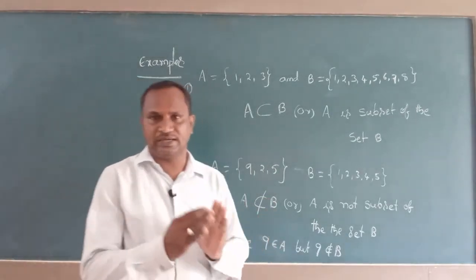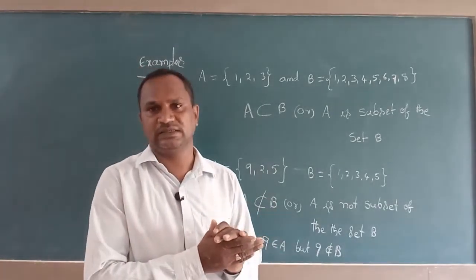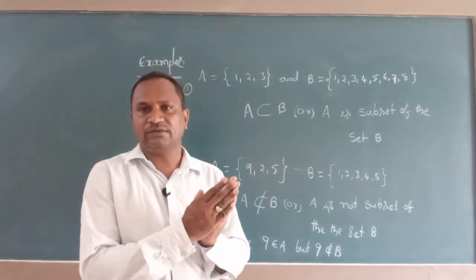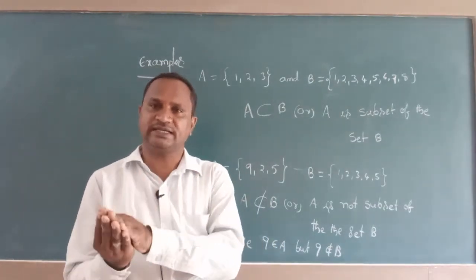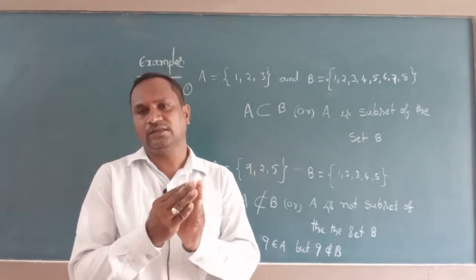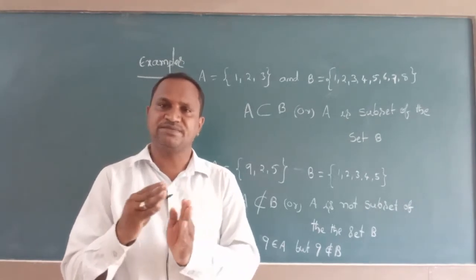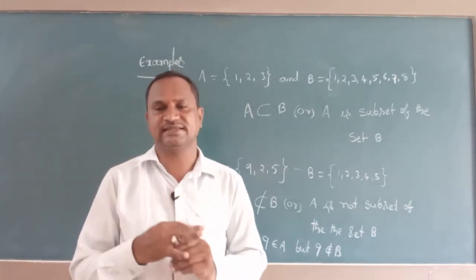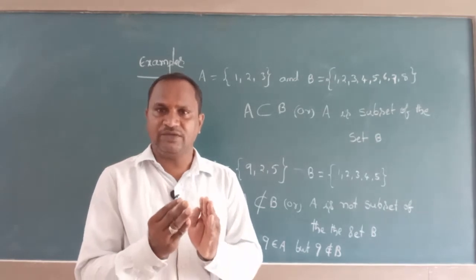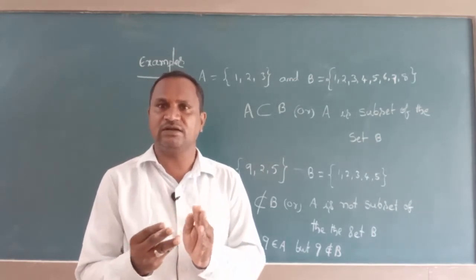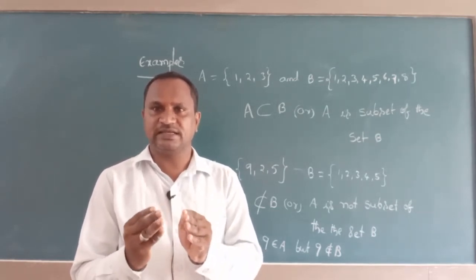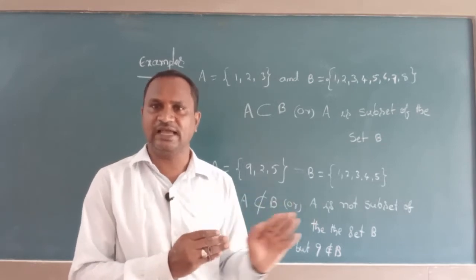Like that, we are representing subsets. If every element of the first set is an element of the second set, definitely the first set is a subset of the second set. If any one element is not present, say for example 9, I have taken 9 as an example.